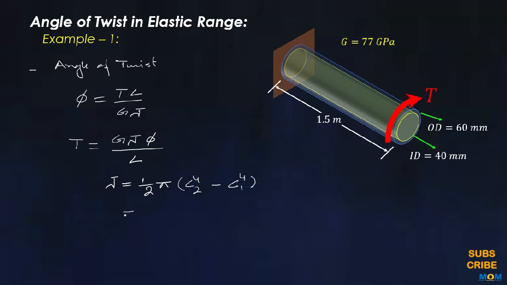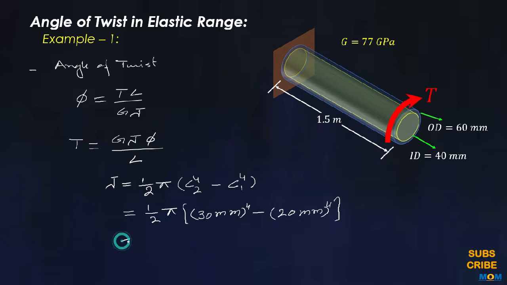So using the values half pi, since outer diameter is 60 millimeter, so the radius of the shaft is going to be 30 millimeter raised power 4 minus inner diameter, that is 40 millimeter, so the inner radius is going to be 20 millimeter raised power 4.